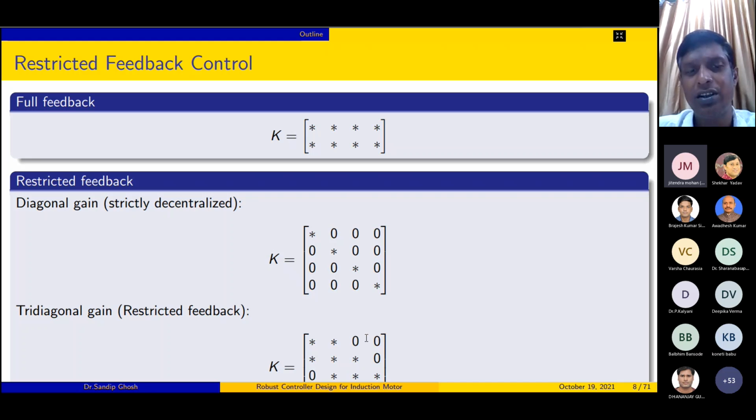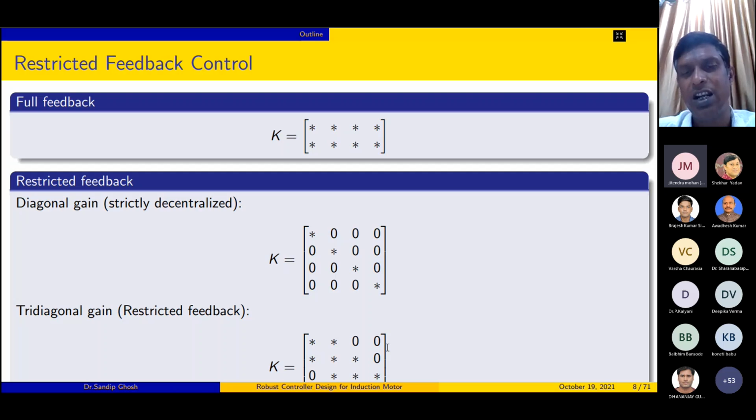And there could be variation of this as well. For those cases, we may see this is a tri-diagonal structure, that it takes neighboring output information, that the first input is constructed using the first output and the second output. The third and fourth outputs are not connected, right, to the first input. And that way you can restrict based on your application.